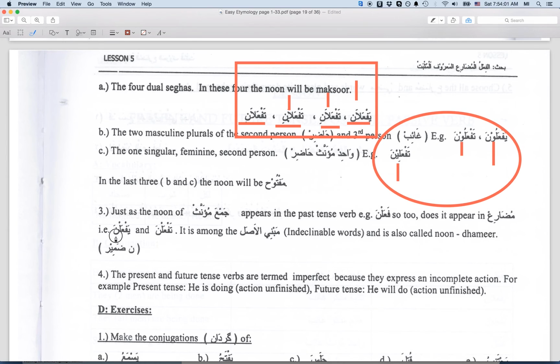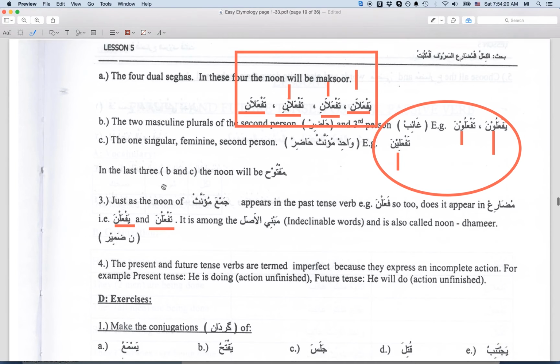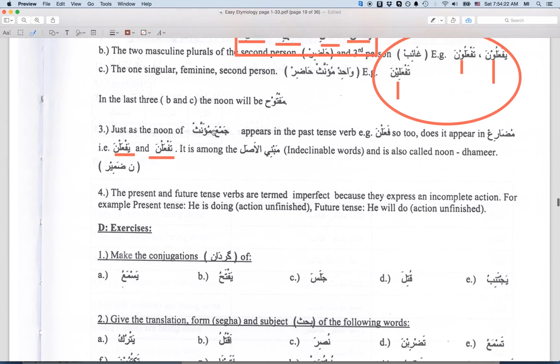So yaf'alna is for jama muannas ghaib, and taf'alna is for jama muannas hadir. It is among the mabni al-asl, indeclinable words, and is also called noon al-damir. Okay, I didn't get the meaning of that, but let's follow along.